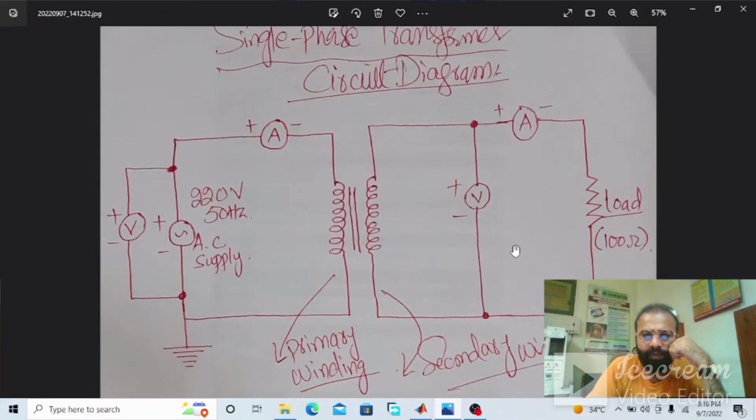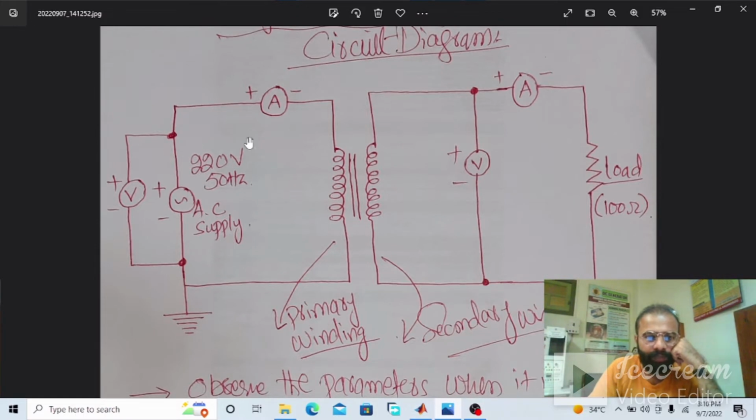So dear viewers, we need to draw this circuit diagram on the MATLAB software, and observe the operation of the transformer and also measure the parameters on the primary side and the secondary side of the transformer. As you can see, this is the circuit diagram.